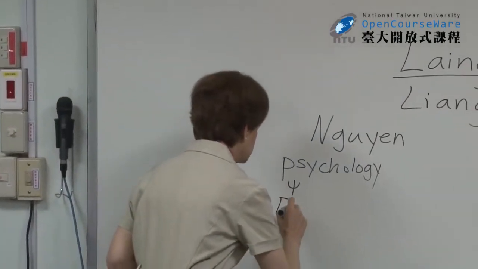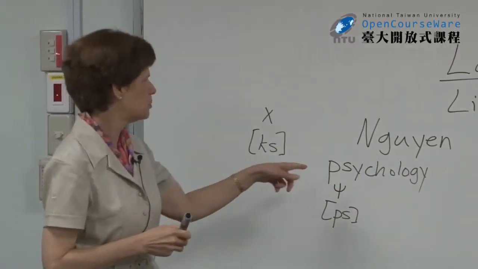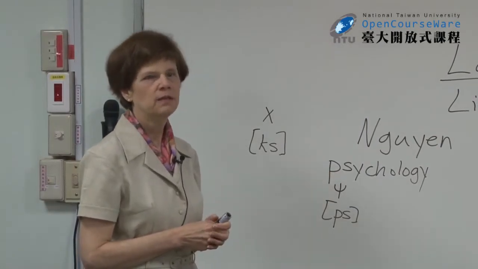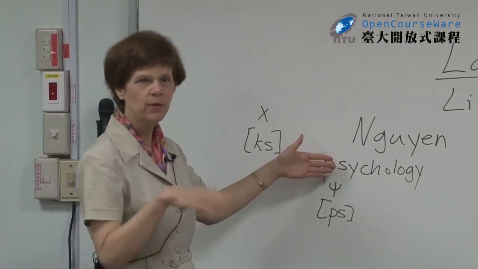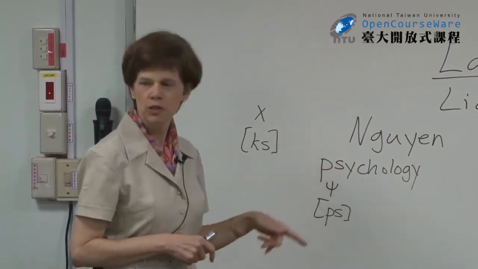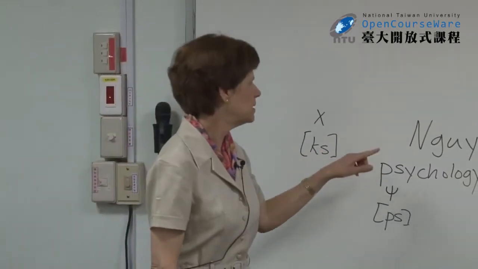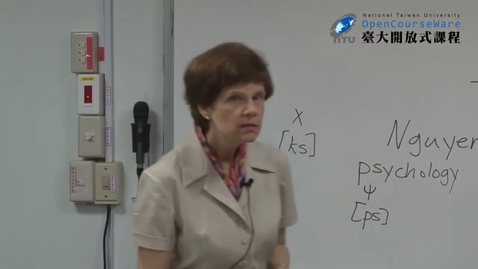It's not KS, it's PS. And that's why you find a lot of these words in English with PS. But does English allow PS at the beginning of a syllable? Breaks our phonotactic rules, so we just ignore it. We say psychology, we don't bother with it. But in German, they're a little more careful about these things. So in German, the word for psychology, anybody know? Not Psych, it's Psychologie.